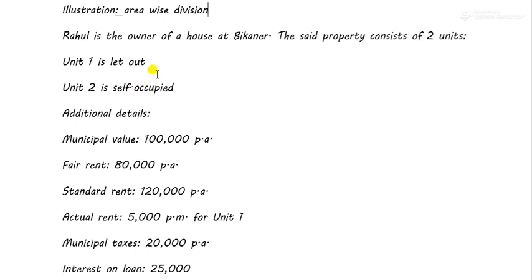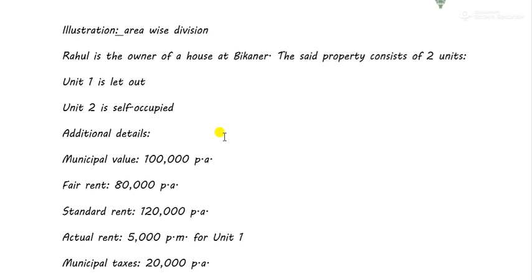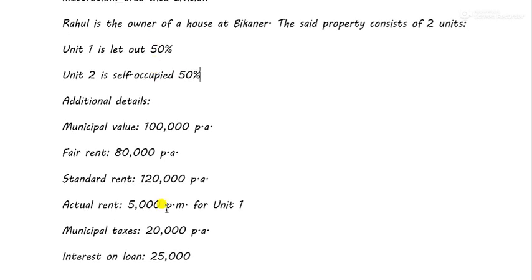In our example, we have assumed that both the units are occupying 50% of the whole land. So unit 1 is occupying 50% and unit 2 is occupying 50%, so all these items will be divided equally, 50%, 50%.